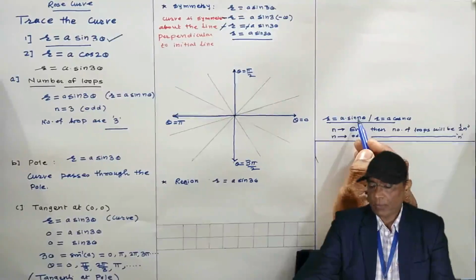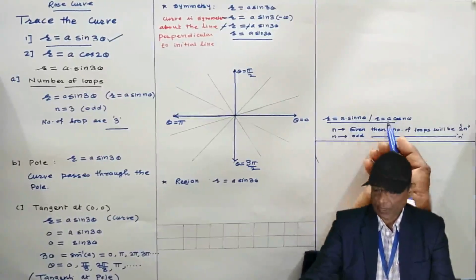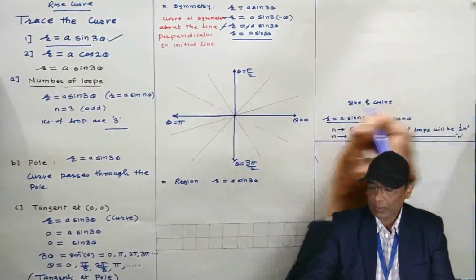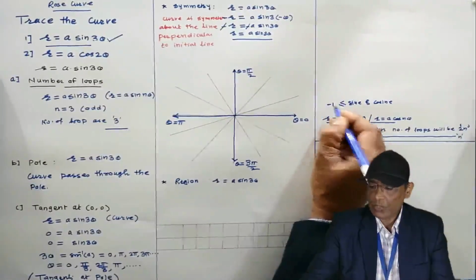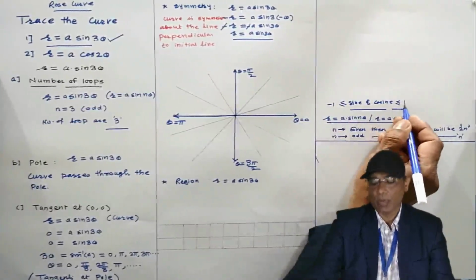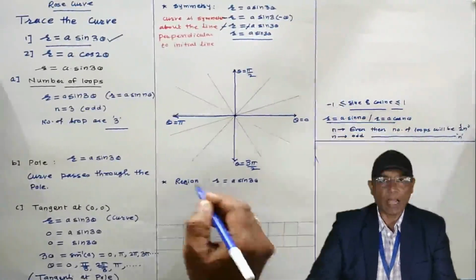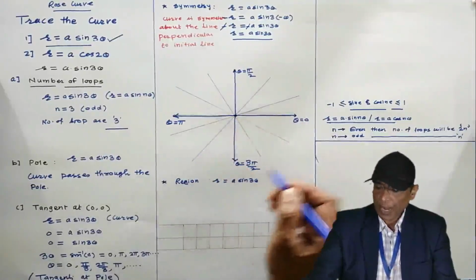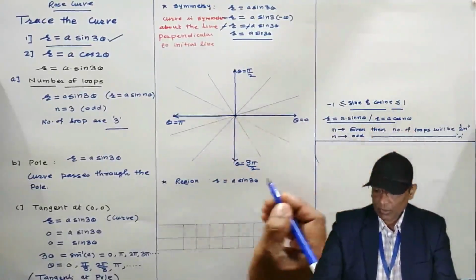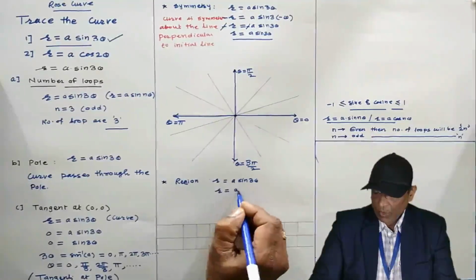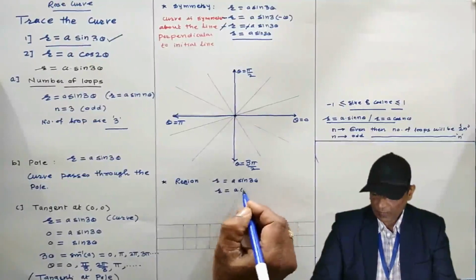The sin and cos functions lie between minus 1 and 1. The maximum value of sin and cos is 1, the minimum value is minus 1. R is the radial distance, the minimum value I will take as 0, and the maximum value of the sine function is 1.